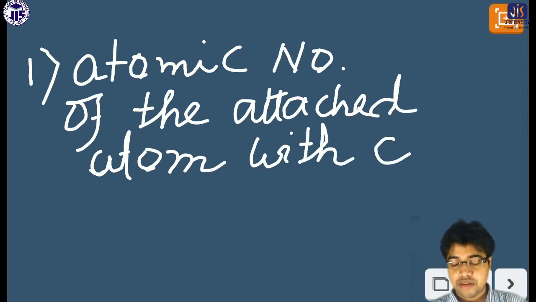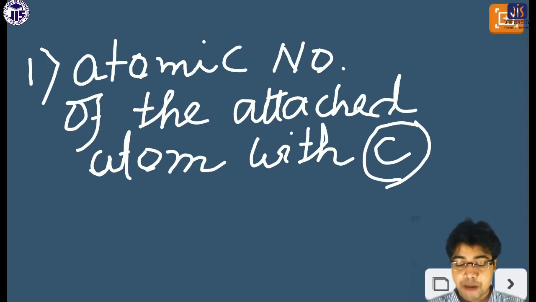With carbon, carbon means chiral carbon. You have to first check the atomic number of the atoms which are attached to the chiral carbon.